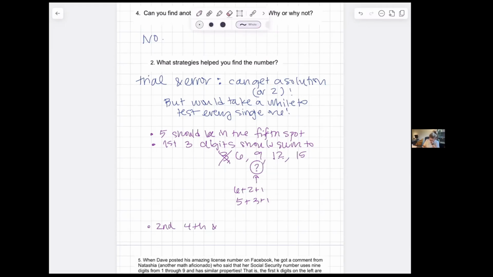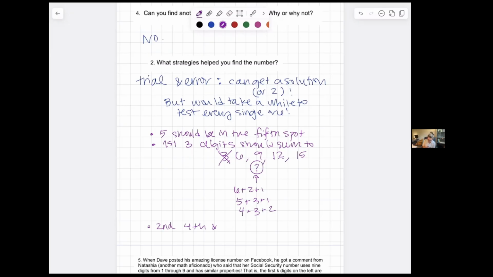Anything else? What else am I missing? If I did 4, I'd have to have 3 and 2. That would work: 4 plus 3 plus 2. Okay, those would work. So maybe it's possible that they could sum to 9.